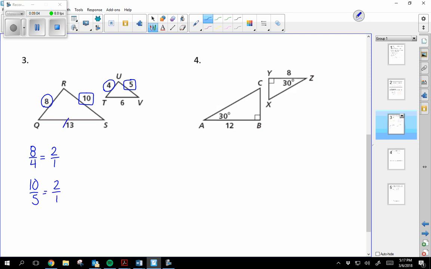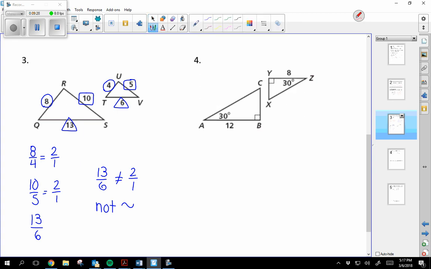And then when I compare the largest sides of the 2 triangles, I have a ratio of 13 to 6. 13 to 6 does not equal 2 to 1. Therefore, these triangles for sure are not similar, meaning there's nothing else for us to do.